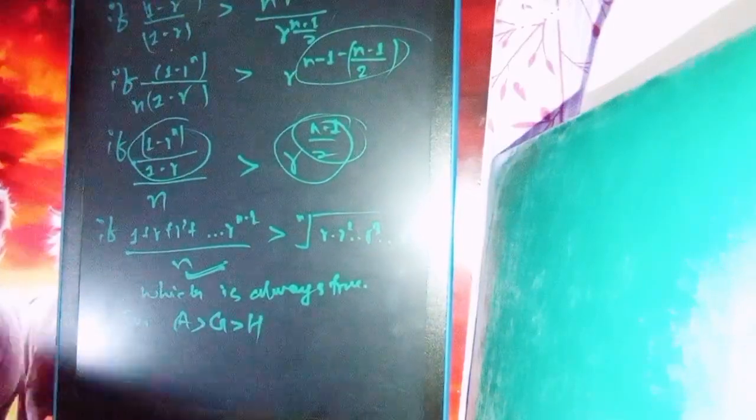Okay, so now for the part: what our question said was we have to prove A is greater than G is greater than H unless n is equal to 1, when A is equal to G is equal to H is equal to a. Okay, so for this one, when our n is equal to 1, we just have to put it in the formula.